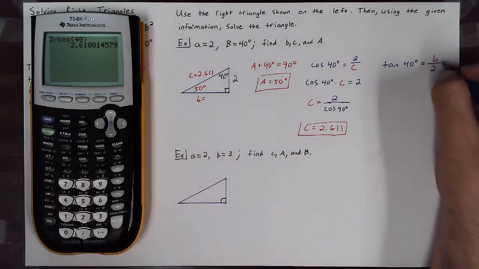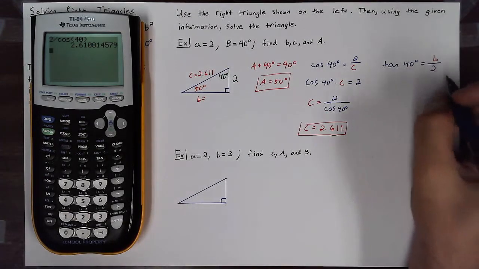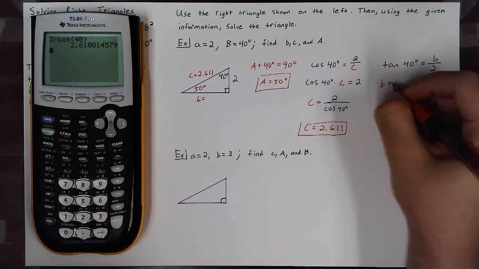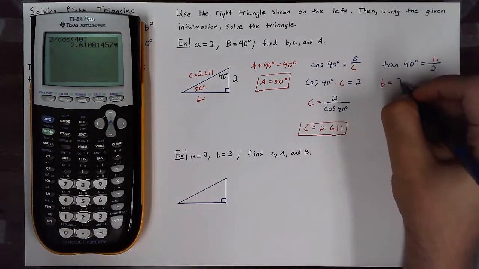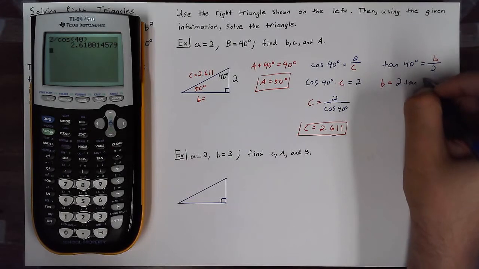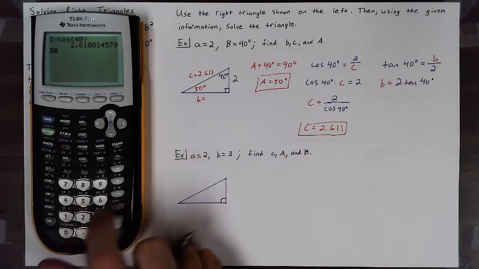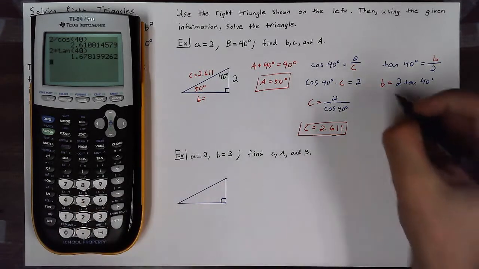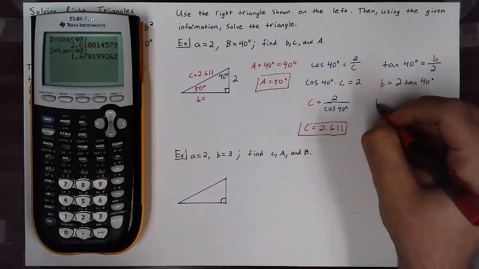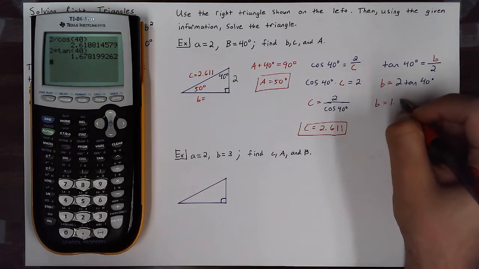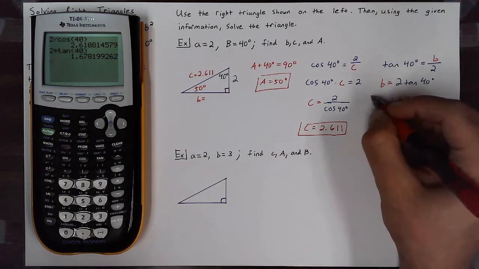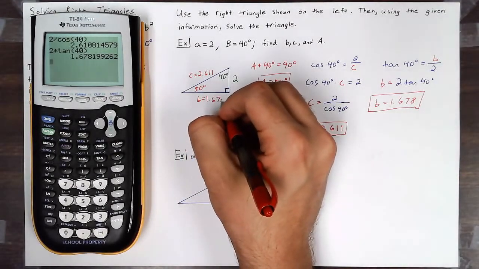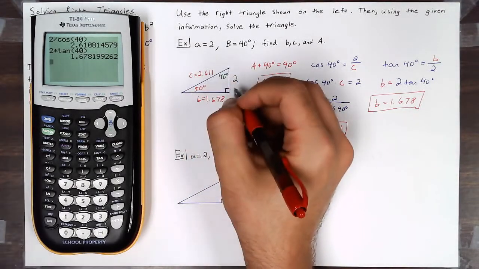So solving this equation for B, I would multiply each side of my equation by 2, giving me B is equal to 2 tangent of 40 degrees. So 2 times tangent of 40 degrees gives me B is equal to 1.678. And now you'll see here I know all of the angles and all of the sides.